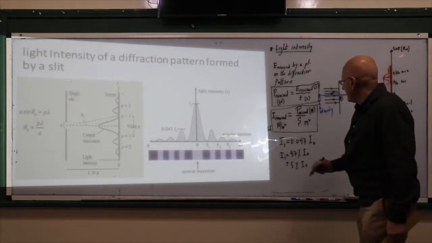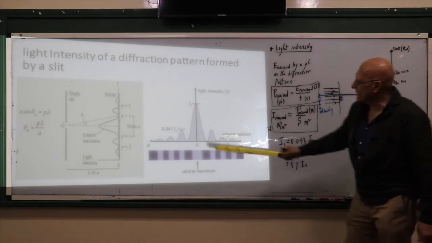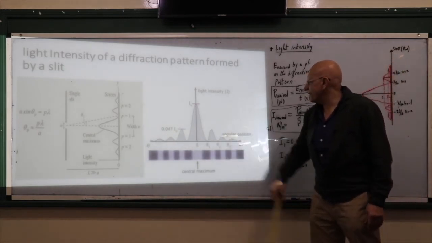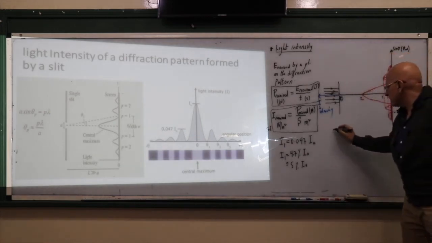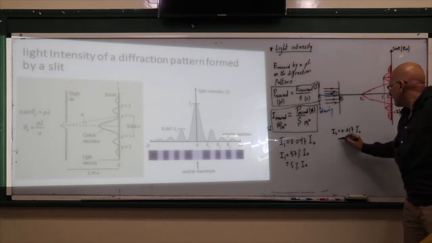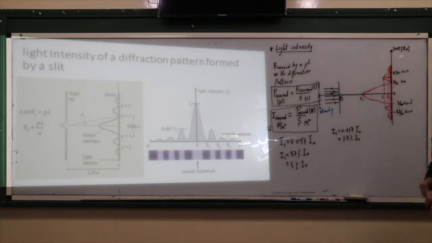Now, if I take I2, what is the intensity, which is not written here? The intensity at the center of the second bright fringe is equal to 0.017 I node, approximately 1.7% of I node.